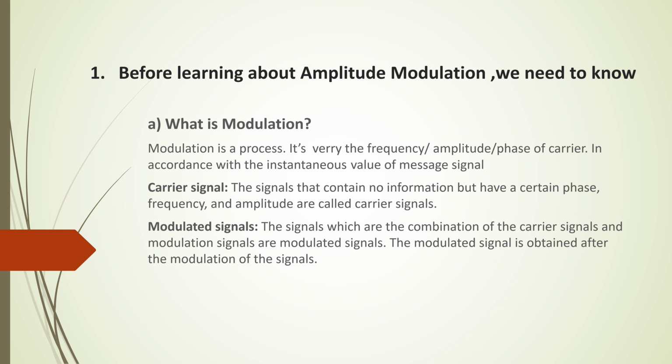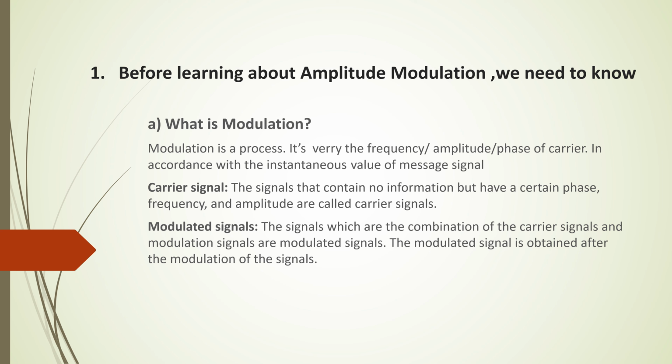Before learning about amplitude modulation, we need to know what modulation is. Modulation is a process that varies the frequency, amplitude, or phase of a carrier in accordance with the instantaneous value of the message signal.